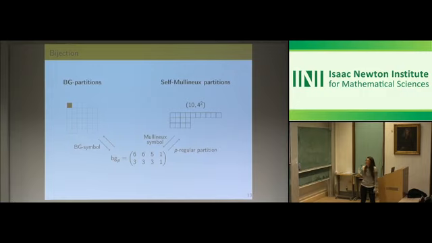So I have a BG symbol, and there's only one self-conjugate partition with these nodes, and here there's only one self-conjugate partition with 3 nodes over the diagonal and 5 nodes in total, and I continue like that, and by definition I have a self-conjugate partition, but not only that. Since this is the symbol of a fixed point of the Mullineux map, these hook lengths are not going to be divisible by P. Okay, so we have the bijection.